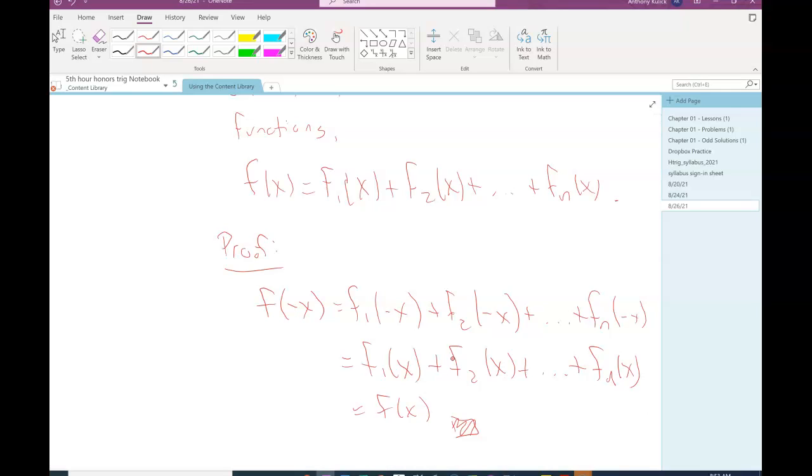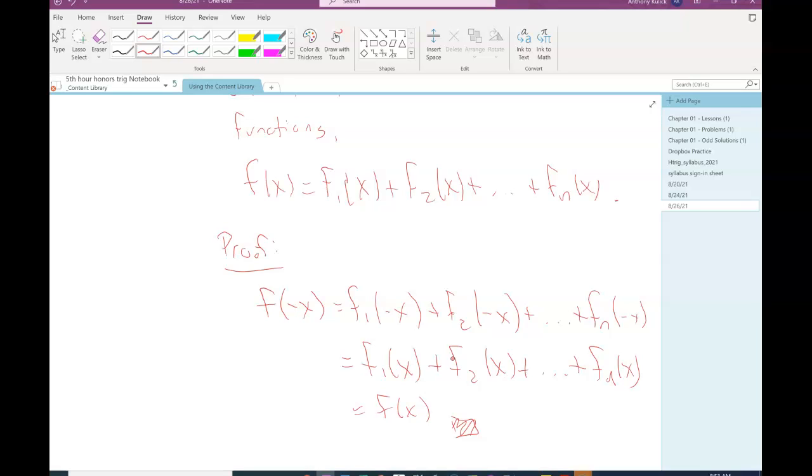The sum of odd functions will also be odd. The proof will be almost exactly the same, except you have to factor a negative sign at one point. Ooh, factoring a negative. But that's the big takeaway, is we showed you now how to prove something is odd or even.